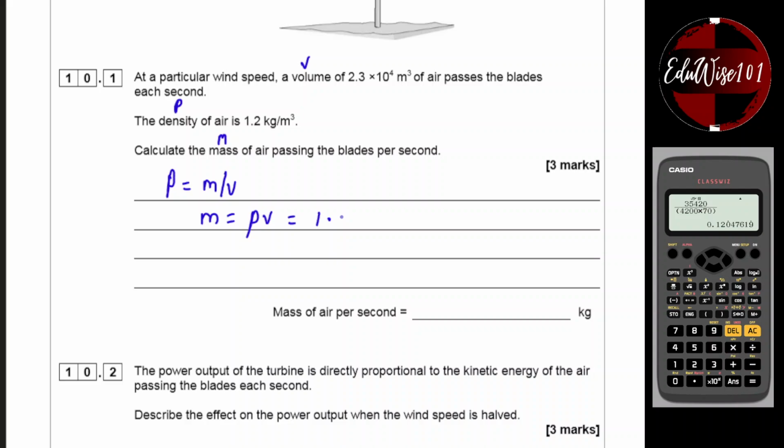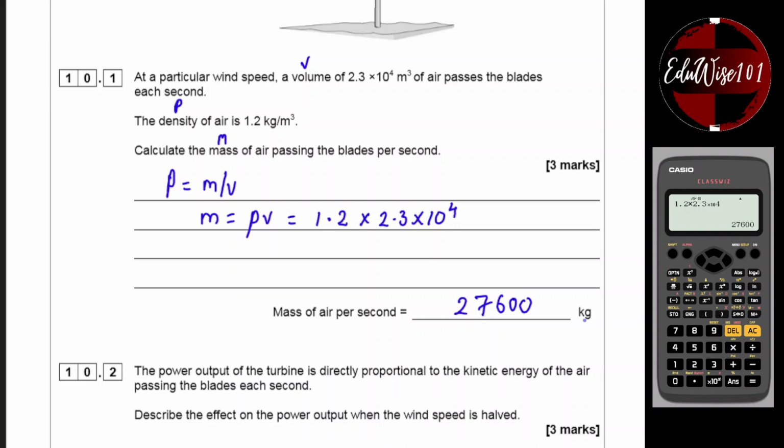Density is 1.2 multiplied by the volume, which is 2.3 times 10 to the power 4. So using our calculator, 1.2 multiplied by 2.3 to the power of 4 equals 27,600 kilograms.